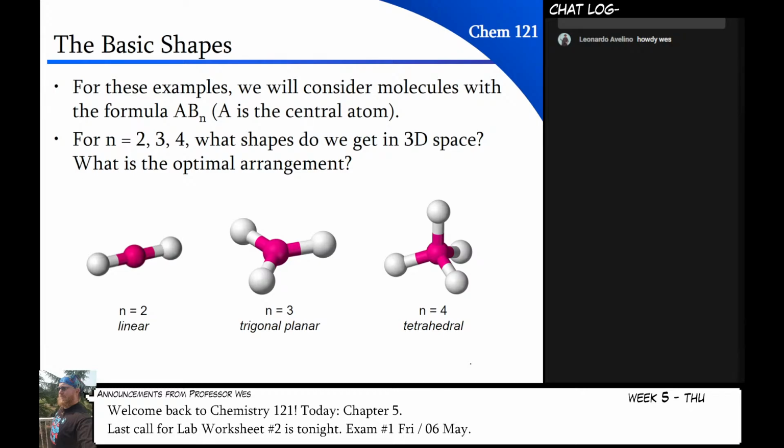If I have 2 electron groups represented by the white spheres here, they will repel each other in space as much as they can. And so they will get the maximum angle away from each other, which forms a 180-degree arrangement. Well, the angle for a line is 180 degrees, so we call this linear.